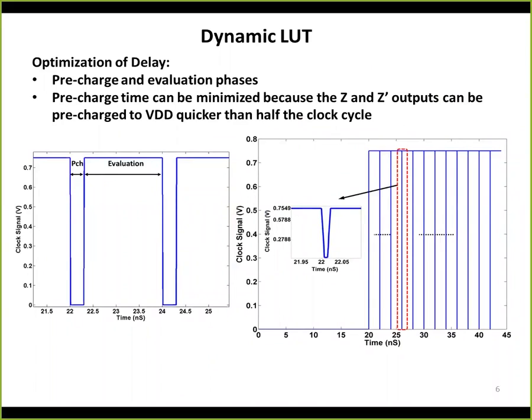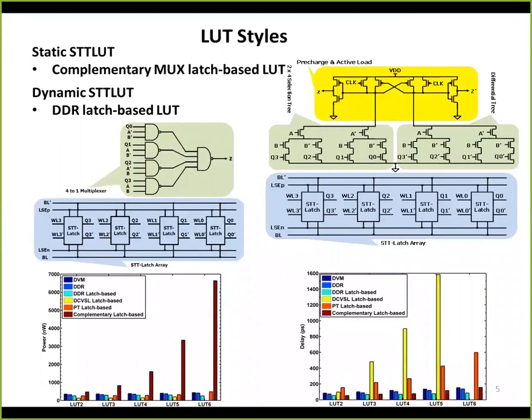But we can optimize the delay of the dynamic LUT, the DDR latch-based LUT, further, because the circuit in the figure on the right operates in two phases: pre-charge and evaluation. In the pre-charge phase, the clock is 0, and the outputs Z and Z bar are pre-charged to VDD.